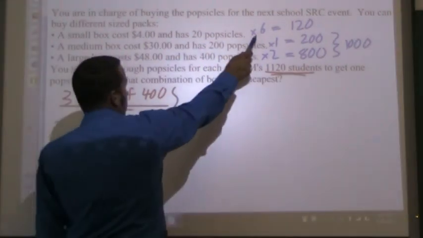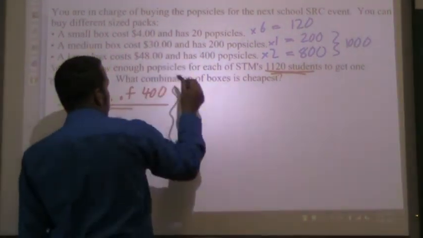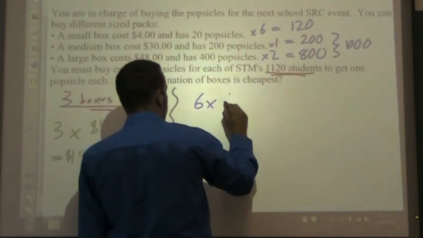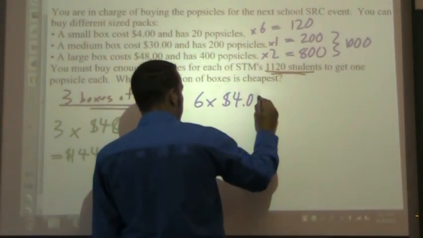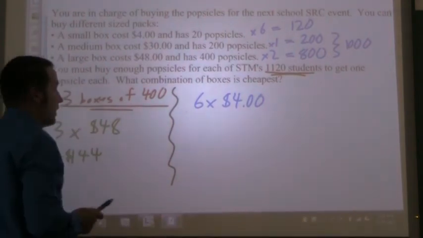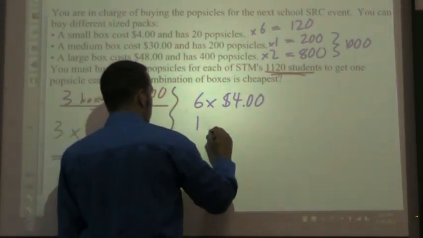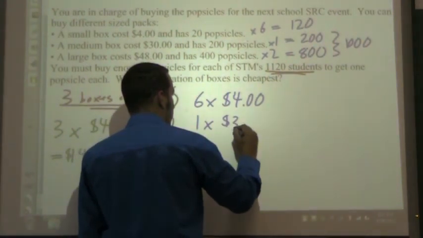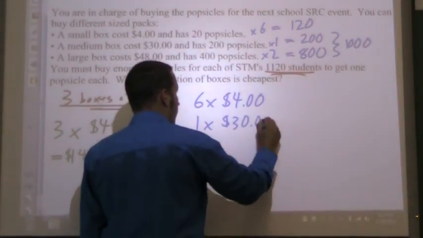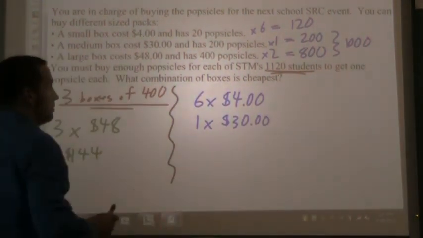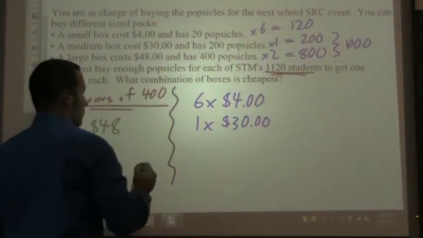Okay? So I've got 6 boxes of 20, so they're $4 each. So 6 times the $4. Then I've got 1 box of the 200, so that's $30. So 1 times $30. And I've got 2 of these boxes that are at $48.